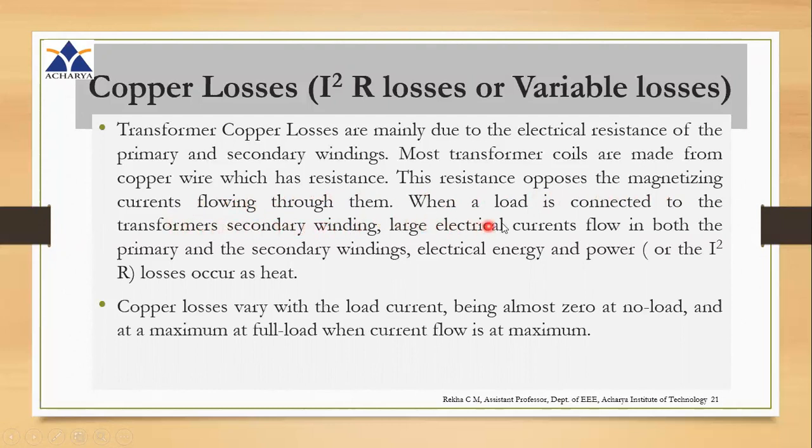When a load is connected to the transformer secondary winding, large electrical currents flow in both the primary and secondary windings. Electrical energy and power, or I square R loss, occur as heat. Copper losses vary with the load current, being almost zero at no load, and at a maximum in case of full load when the current flow is at maximum.